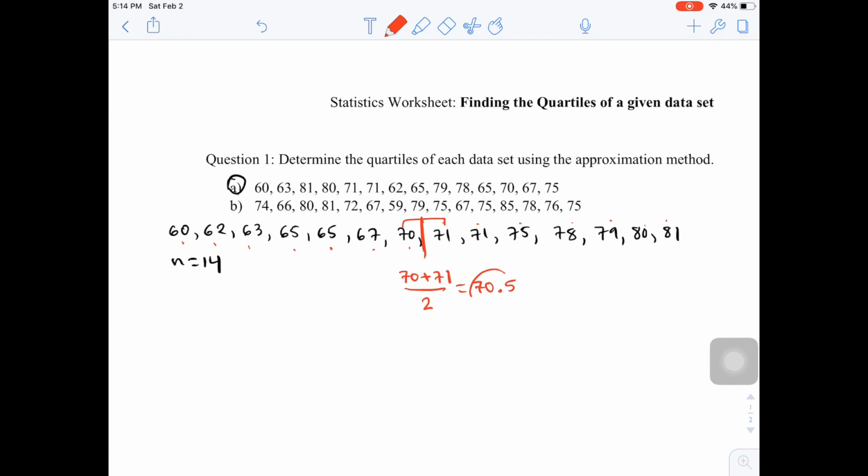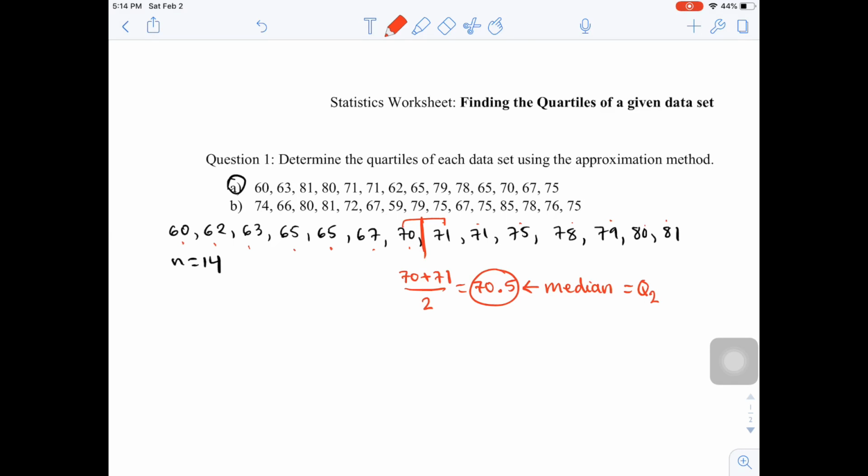This 70.5 is what we are going to call the median of our data set. For this particular data set, the median is 70.5. In terms of quartiles, we are going to call it Q2.